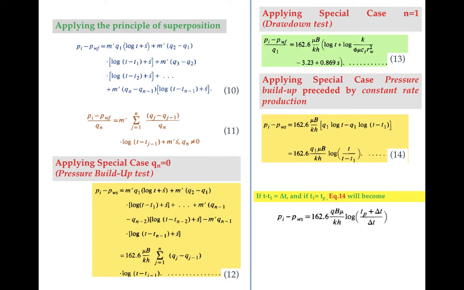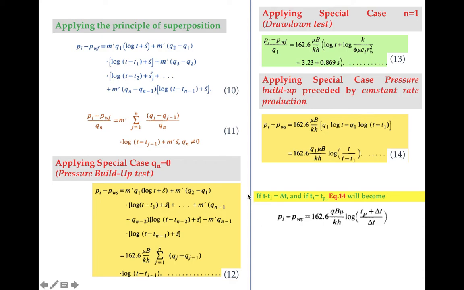So let's move on to the principle of superposition, where you have seen that there are different flow rates and the well is producing for different times. This principle is very simple, and using it we can find out the pressure distribution.